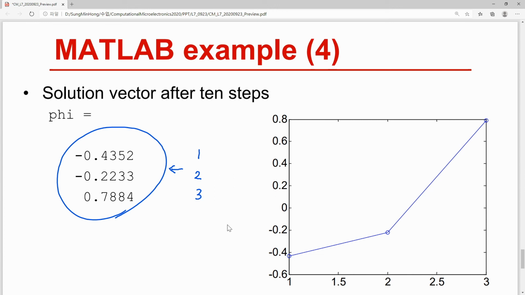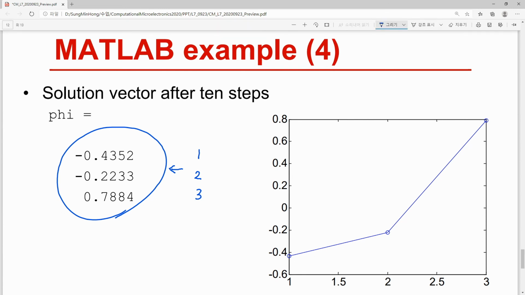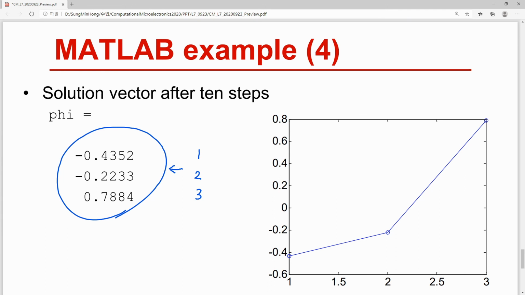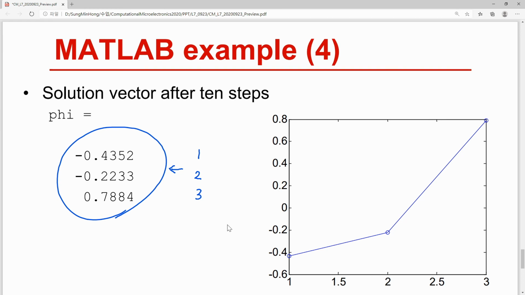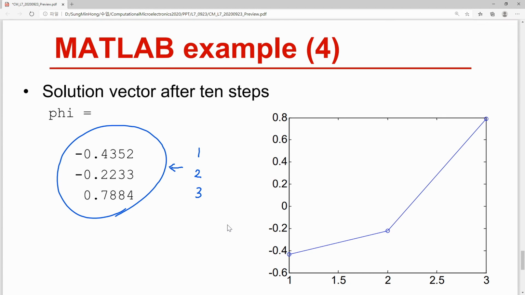Of course, there is no chance for us to have this solution from the beginning. Even in this simple 3-unknown-variable case, without computer simulation or numerical analysis, it would be very difficult for us to get the solution. Fortunately, we are living with quite advanced computers, and we are quite lucky to have the solution.